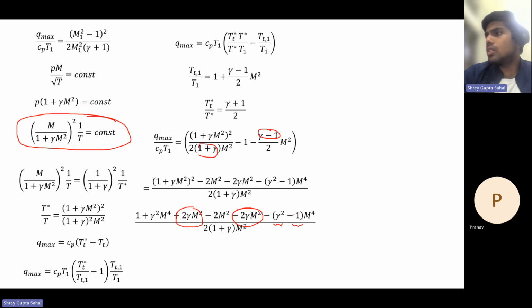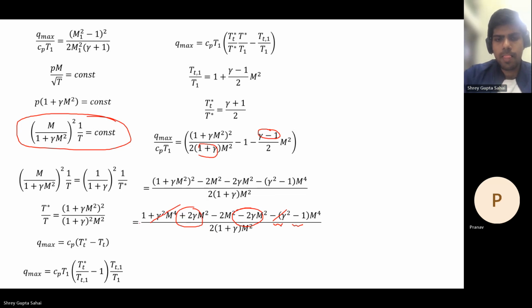Yeah. So this term will also get cancelled with this term. So what you will have is this thing there. And this is basically 1 minus Mach square, whole squared.